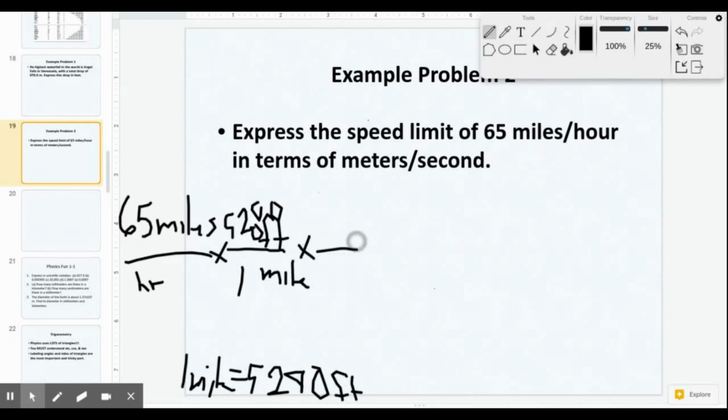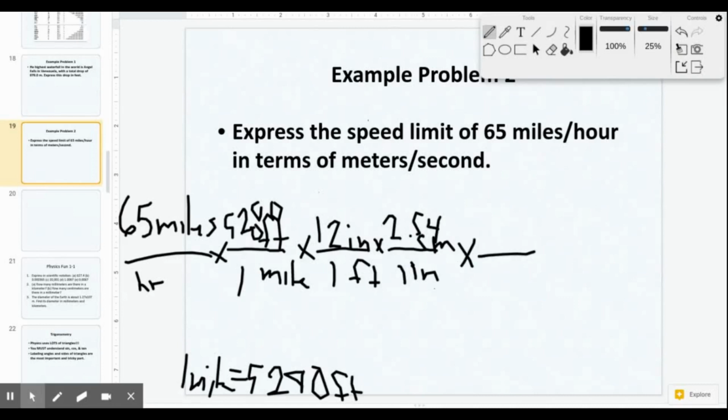Then we're going to take the feet to inches. So 1 foot, because feet were on top, they have to go on bottom. So 12 inches on top. Inches on top have to go on bottom to centimeters. So in the last problem we did 1 inch is 2.54 centimeters.